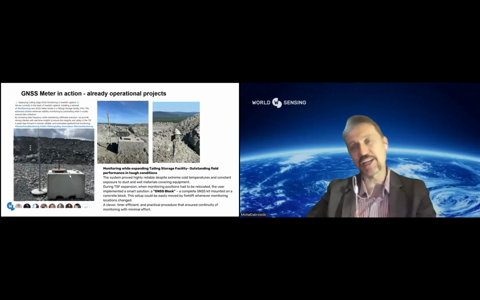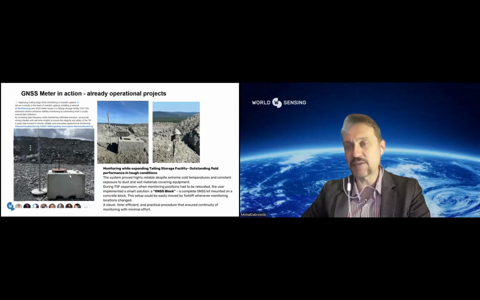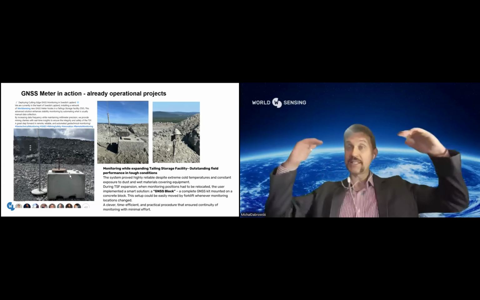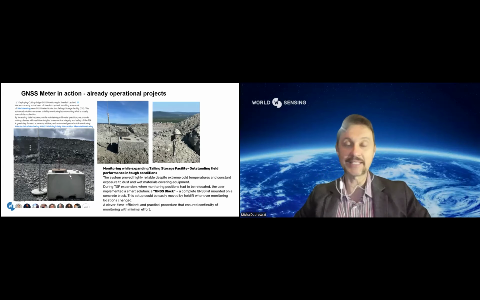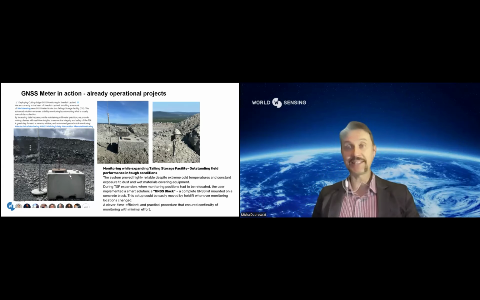Now this is an installation on a tailings facility where every few months they expand the tailings by raising up the banks. So what they do is carry the entire setup, the entire block with the GNSS, with a forklift, and move it from place to place.